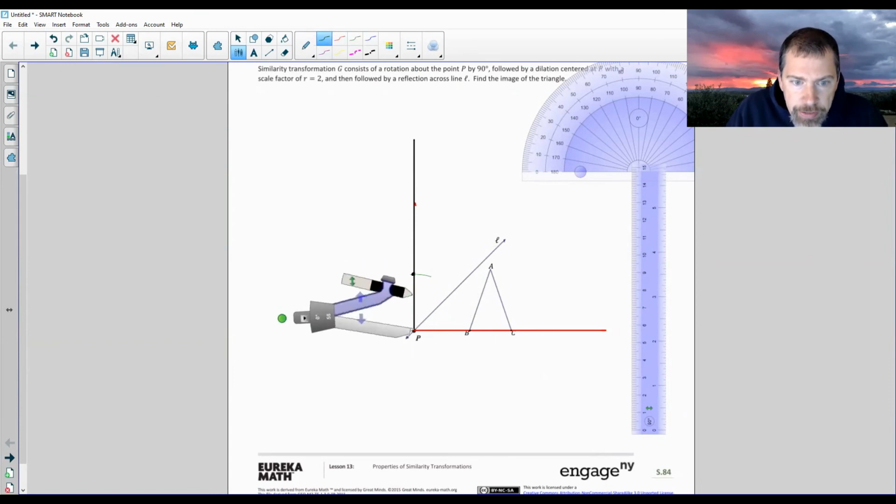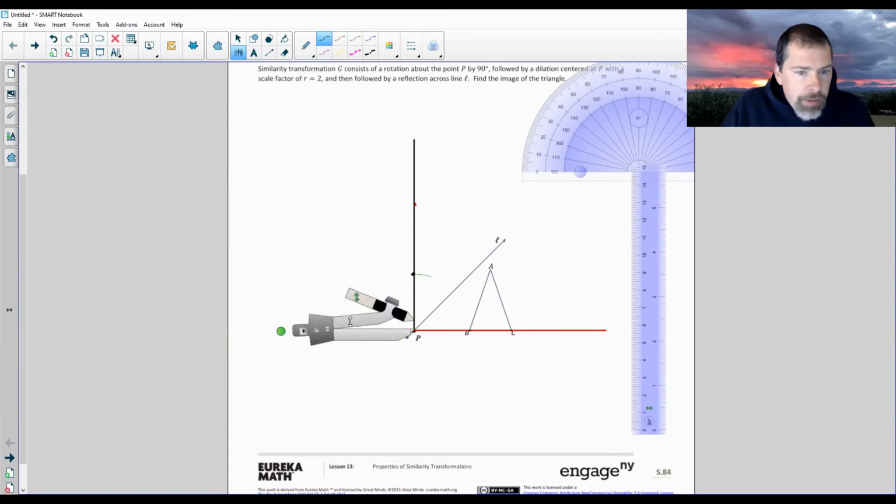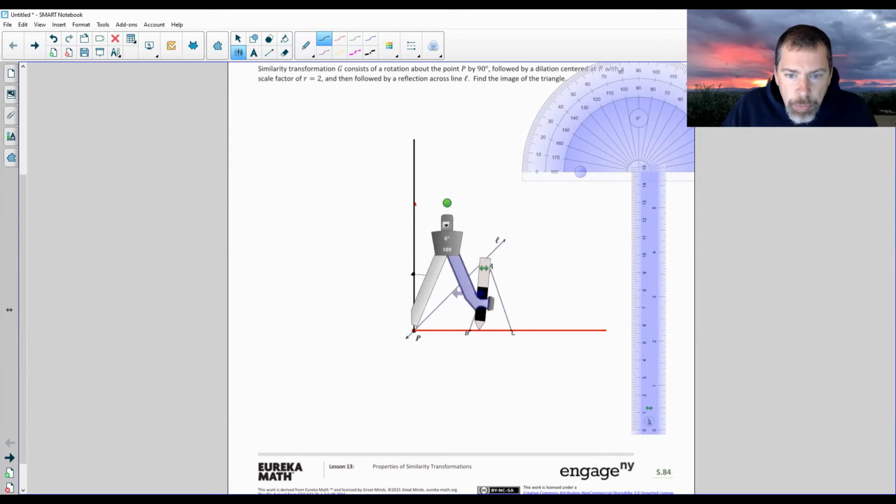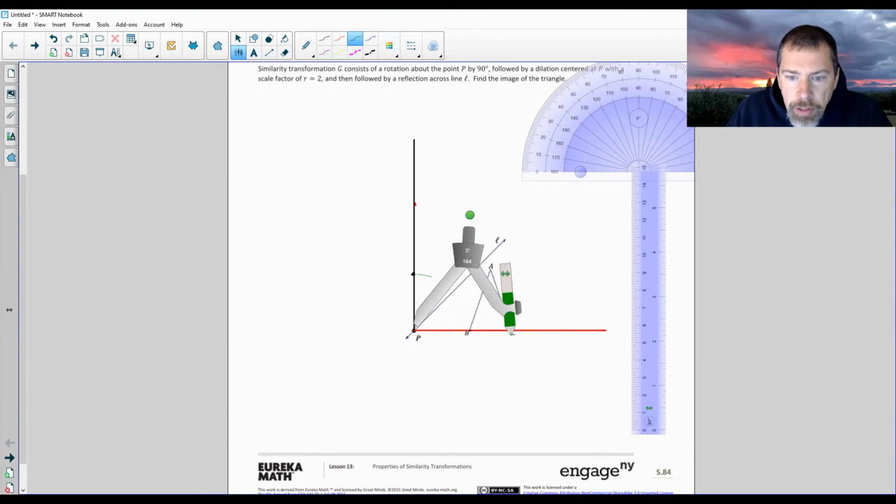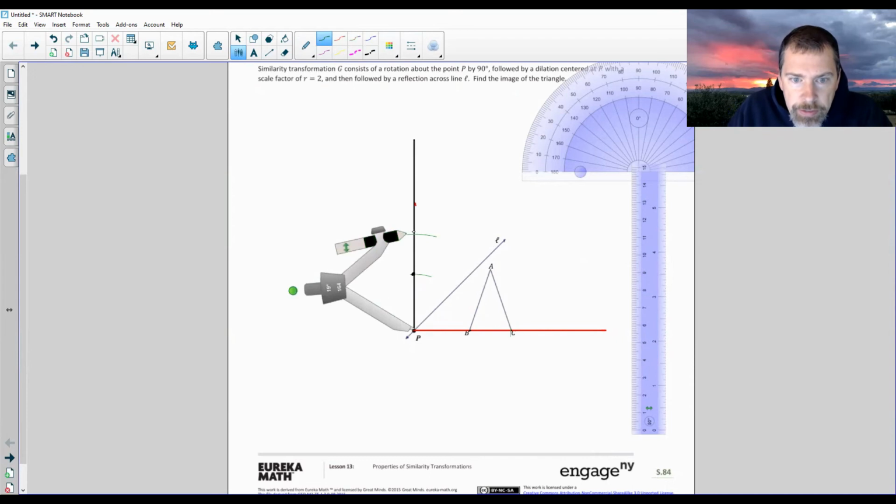That is my B. Let me rotate this back. Open it up to C, put a mark, that's my C, rotate it around, there's my C right here, my image of B and C.